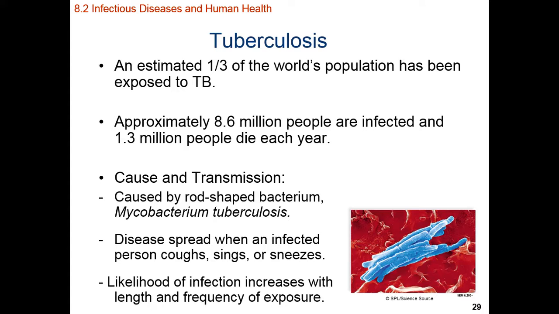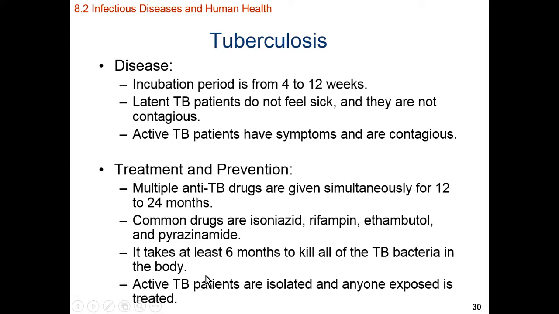The likelihood of the tuberculosis bacterium causing an infection increases as you have more and more exposures. So just because we have 1/3 of the world's population exposed, that doesn't necessarily mean that 1/3 of the world's population is going to contract it every year. Most of those individuals don't have a high enough frequency of exposure to contract the infection.